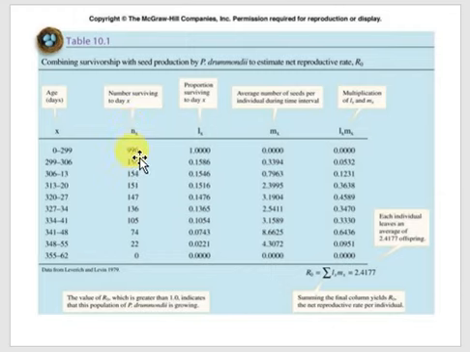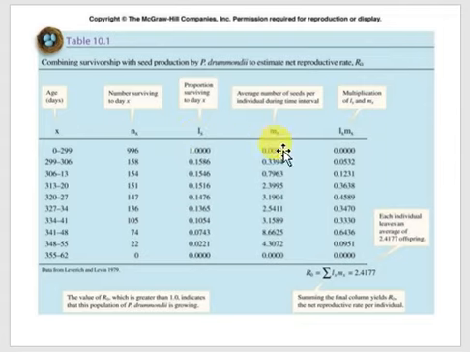That's what this number represents. The next column is our little LX, which should be familiar. LX represents the proportion of individuals surviving to that day from the original number.